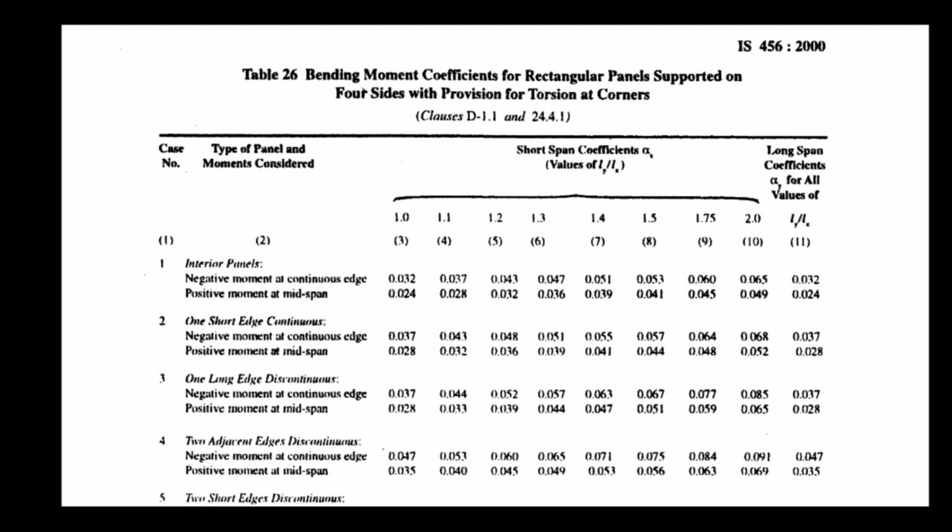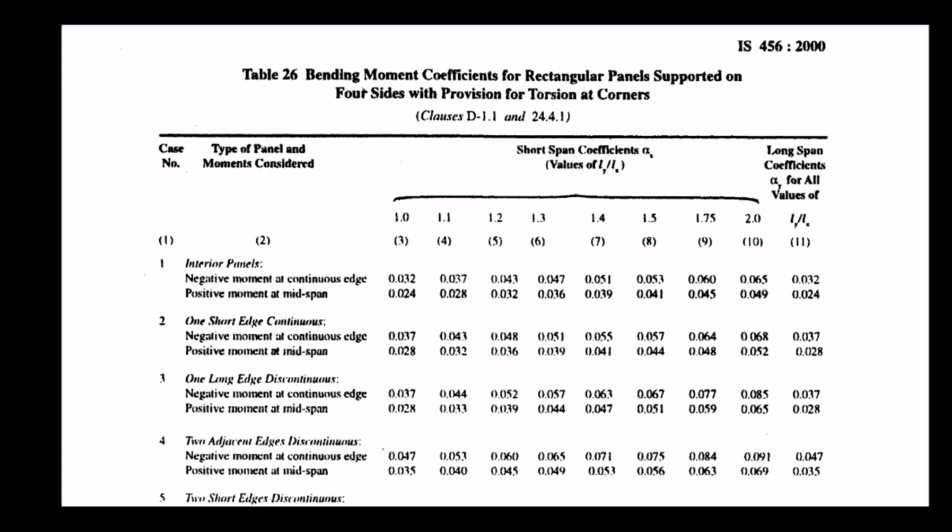In the table, in the leftmost column, the case number is given. The second column from the left is the type of panel and moment considered.